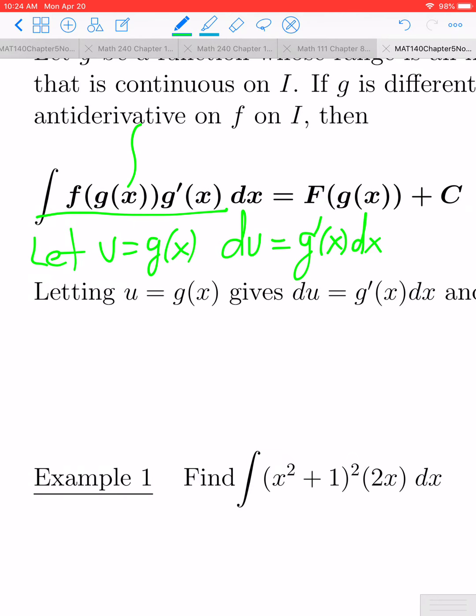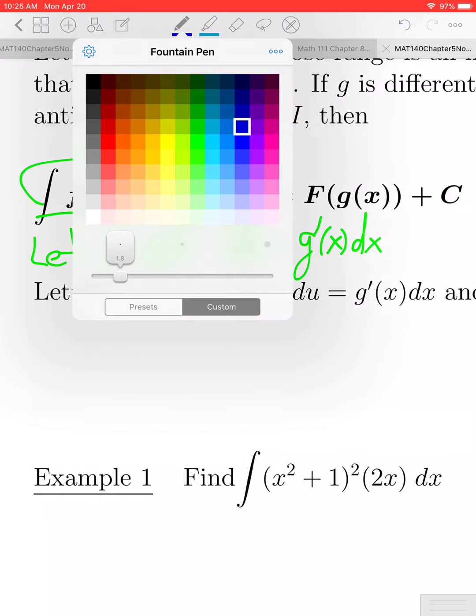It's going to be the antiderivative of f, and wherever I see the inside of f, that's g of x, that's going to be my u, and wherever I have a g prime of x dx, I can replace that with du. Under the substitution, I've gone from a more involved and complicated antiderivative into a basic one, just an antiderivative of the function f, albeit of a function of u.